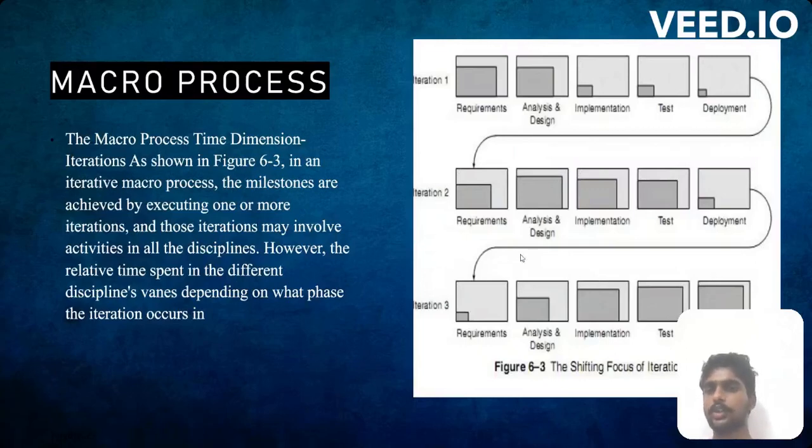This is the macro process two-dimension and process integration as shown in the figure. In an iterative macro process, milestones are achieved by executing one or more iterations, and those iterations involve activities in all disciplines, with different relative time spent in the different disciplines depending on what phase the iteration enacts. And this is the shifting focus of iterations.